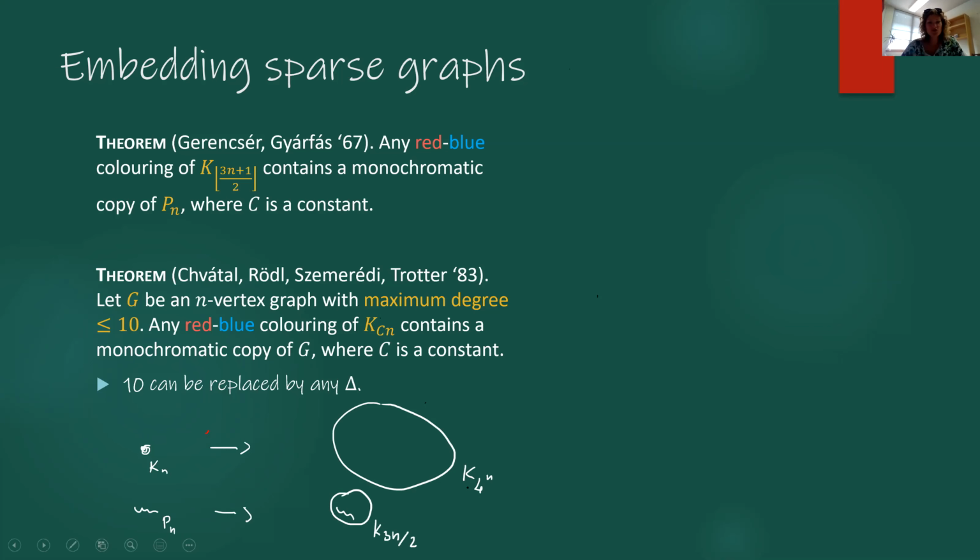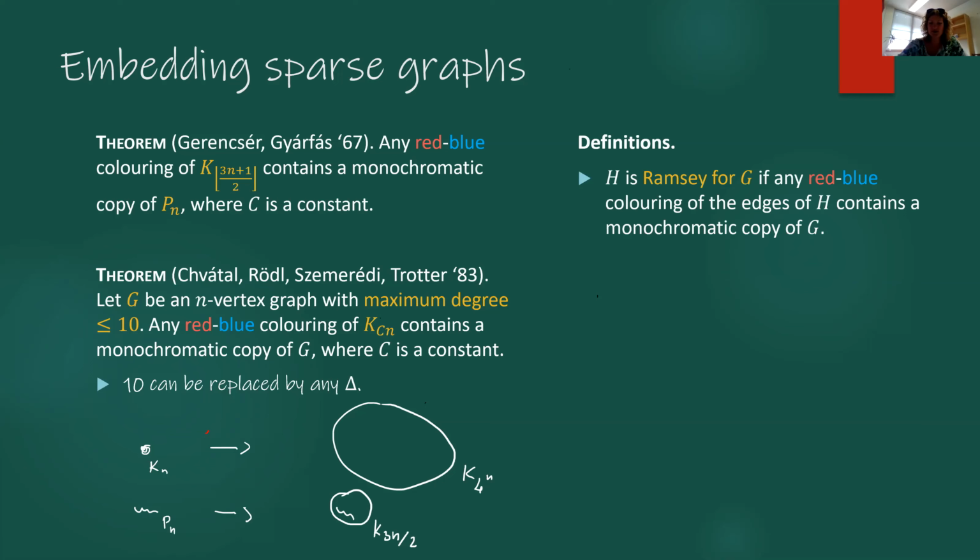We'll be using this red-blue coloring a lot, so let me encapsulate that in a definition. We say that the host graph H is Ramsey for G if any red-blue coloring of the edges of H contains a monochromatic copy of G. So again, a red or a blue copy of G. This is some notion of robustness.